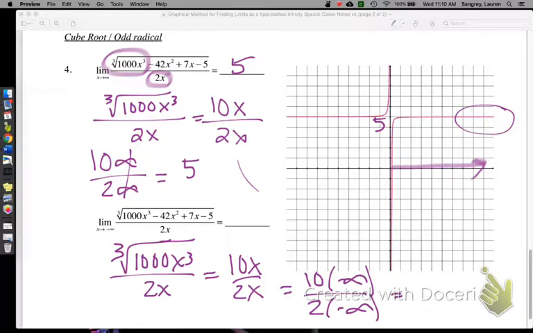So we have a negative value on top and a negative value on the bottom, so we're still going to have a positive 5. Negative 10 over negative 2, still 5. And as we go to the left forever and ever and our x values get really small, we can tell that we're still approaching 5.